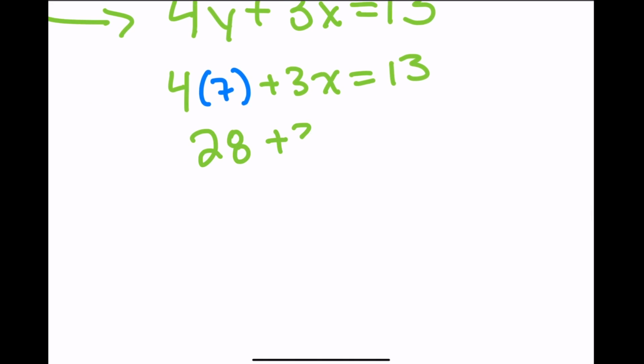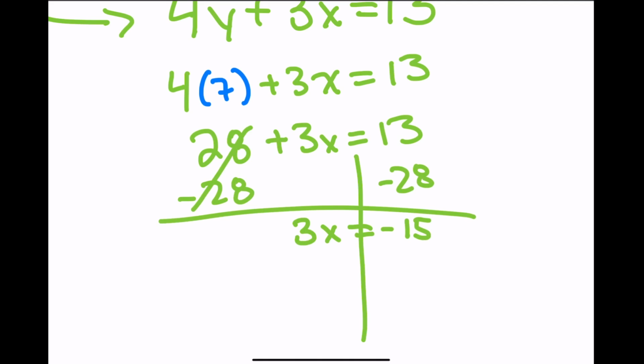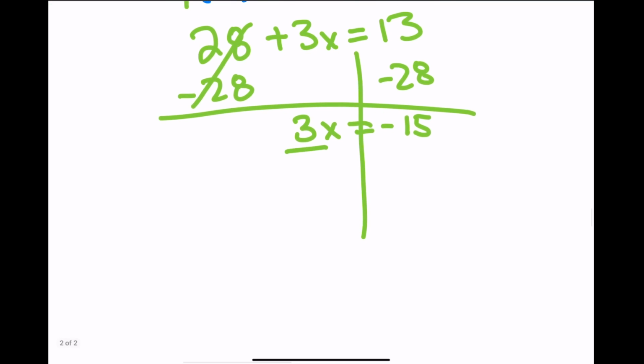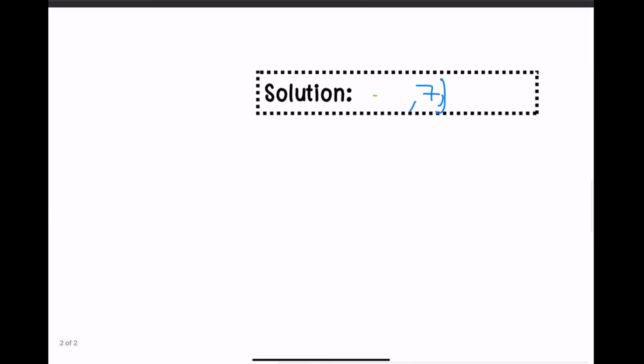So we have 28 plus 3x equals 13. Subtract 28 away from both sides. This leaves us with 3x equals negative 15. Divide away that 3 on both sides, and we're left with x equals negative 5. So that means our final answer is negative 5, 7.